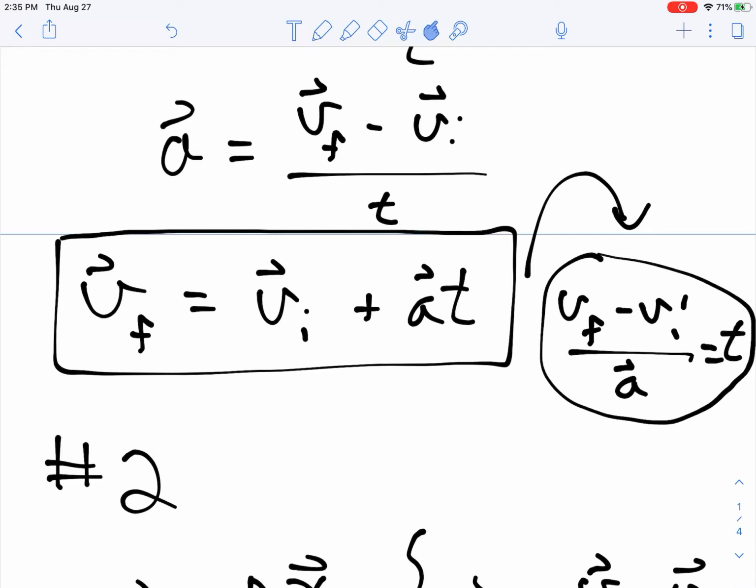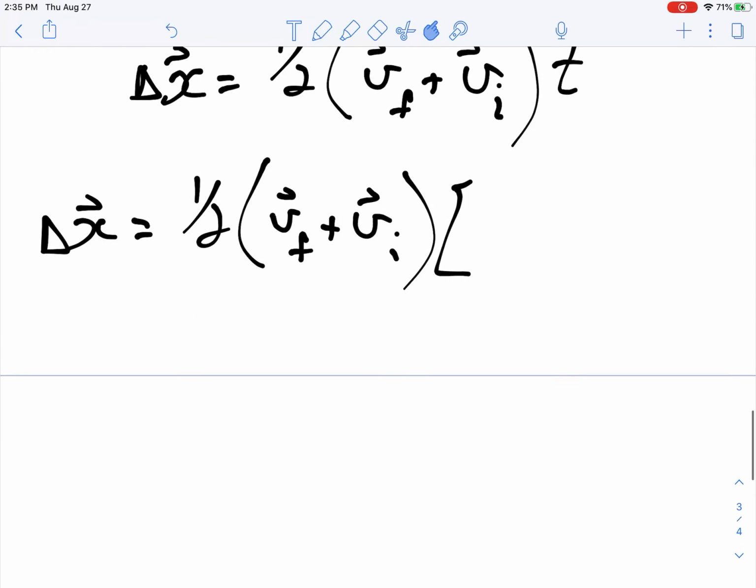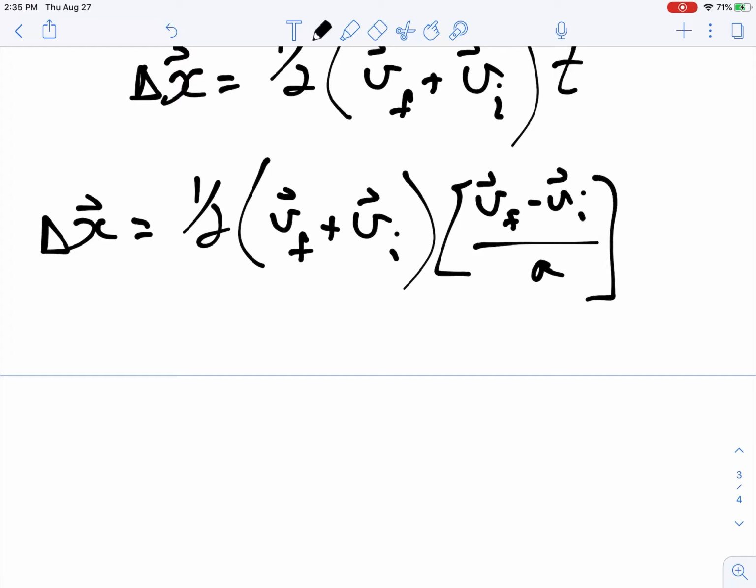Cool. So I am going to substitute all of this. So v final minus v initial over a, and there's my substitution for t.